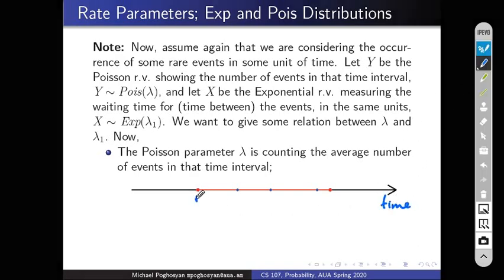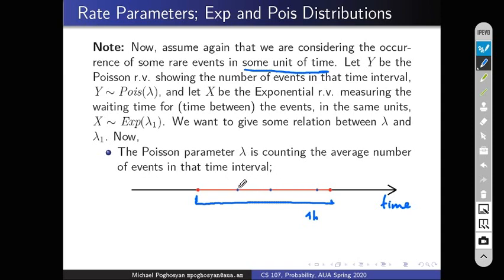This is my interval. I am fixed here, unit of time, say 1 hour. And these are my events happened at some time instance. So Poisson parameter lambda is counting the average number of events in that time interval.